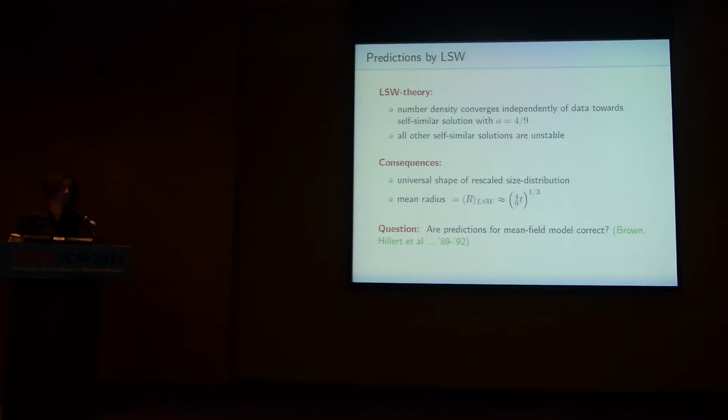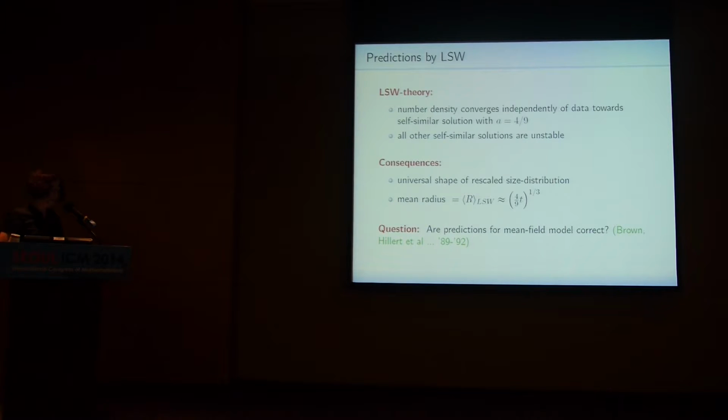Wagner finds only the solution corresponding to 4/9. Lifshitz and Slyozov find the whole continuum of solutions, but their argument that the one for A equal 4/9 is stable goes outside the LSW mean field model. It takes effects into account that are not within this model. We'll come back to this later. So the situation was a bit unclear as to what this stability means.